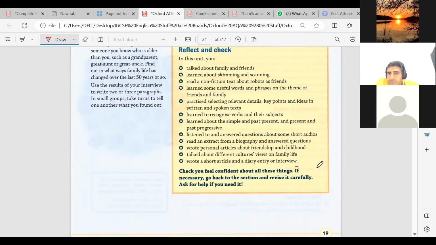And the grammar focus based on 4 verb tenses: simple present, simple past, present continuous and past continuous. Okay, so this is the end of Unit 1.